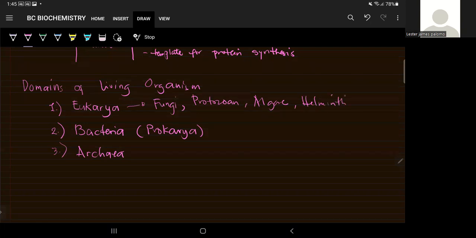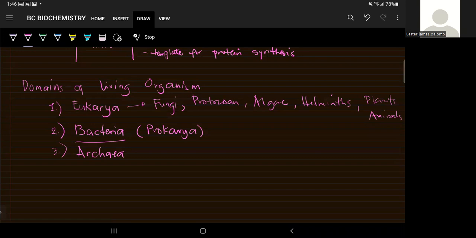And then, of course, we have your plants and animals. On the other hand, bacteria belong to your prokaryotic cells. Okay? So those are the two types of cells, your eukaryotic and your prokaryotic cells.